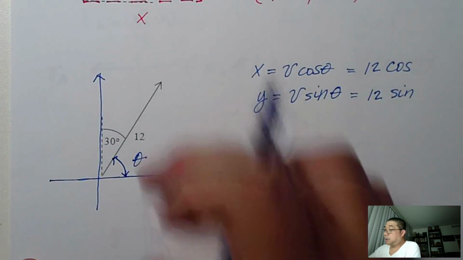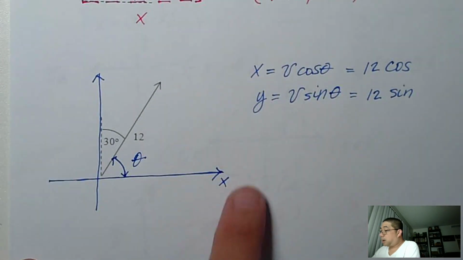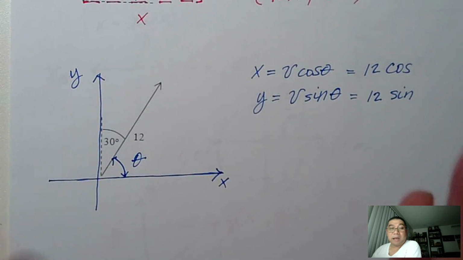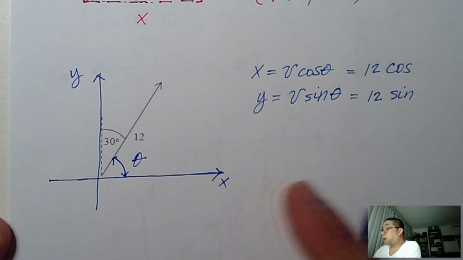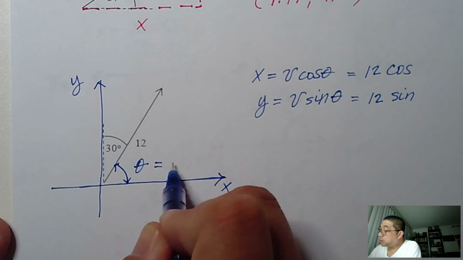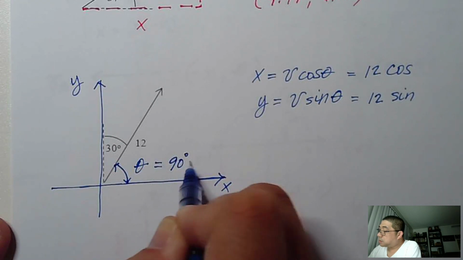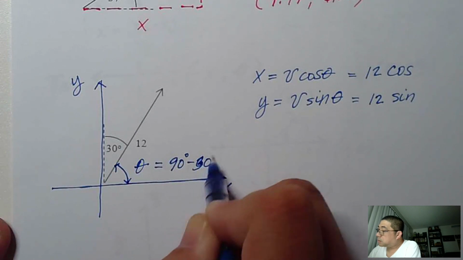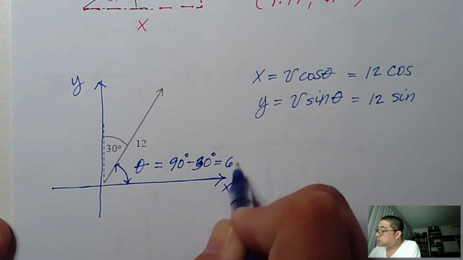We all know that the angle formed between the x and y axis is 90 degrees. So therefore we can say 90 degrees minus 30 degrees is simply equivalent to 60 degrees.